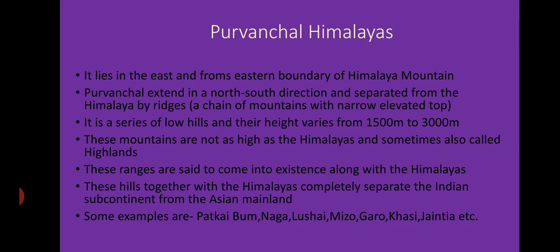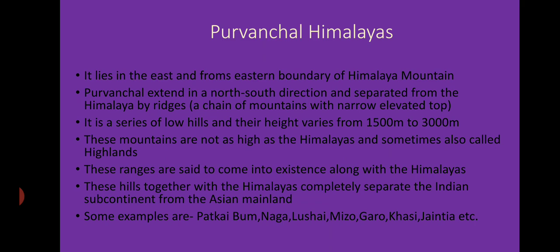Then comes the Purvanchal Himalaya. The Purvanchal Himalaya is the eastern Himalaya. It lies in the east and forms the eastern boundary of the Himalaya mountain. Purvanchal extends in a north-south direction and is separated from the Himalaya by ridges. Now, ridges, as I explained earlier, are narrow mountain tops.